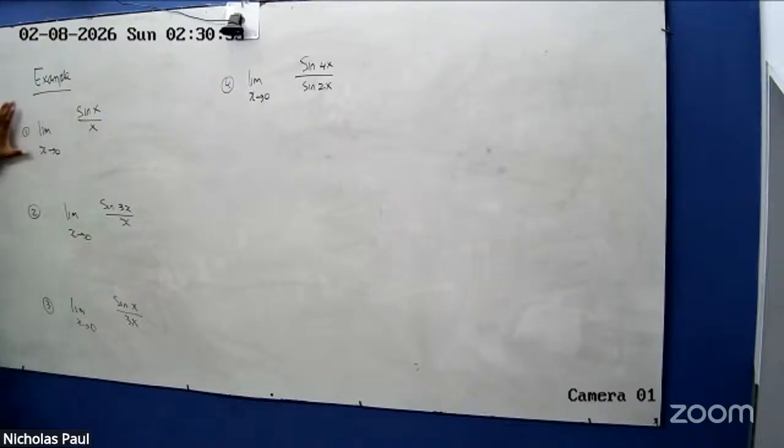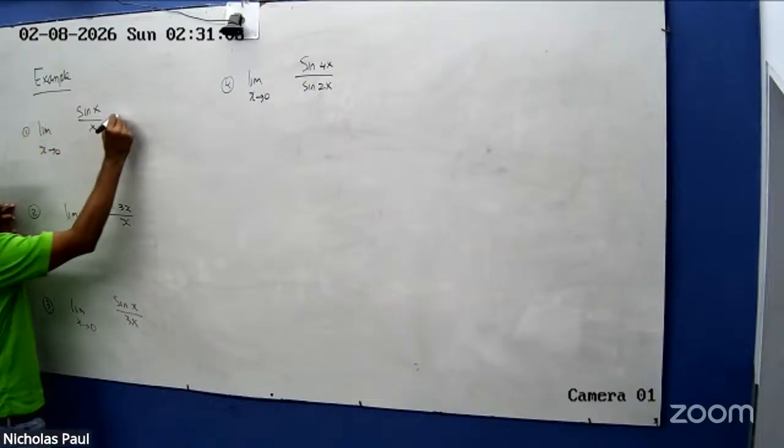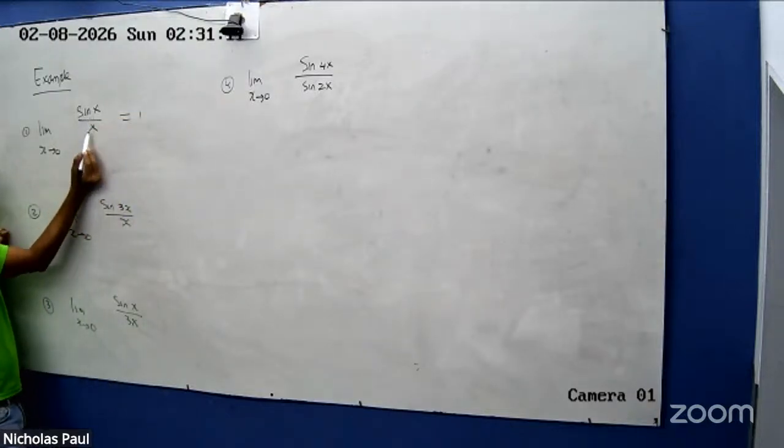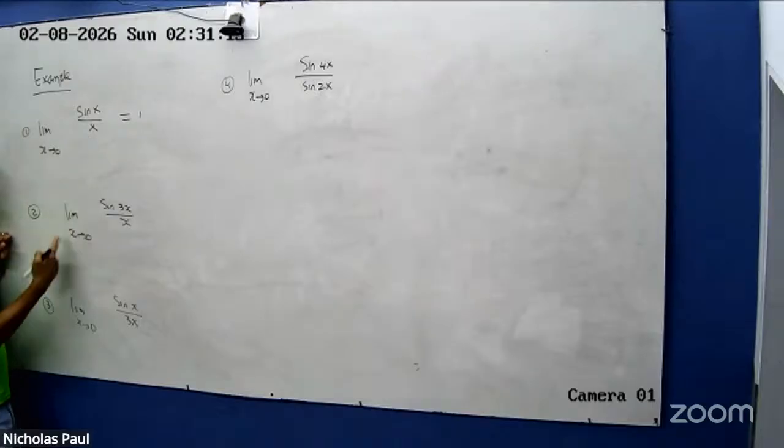Right. So let's take a look at the rules, right? Number one. If we apply the rule here, what's the limit of sin x over x as x approaches 0? 1. Always remember that these two things must be the same. If I have 10 here, I must also have 10 here. What about here?